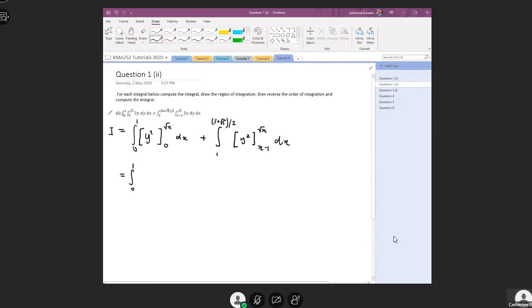So if we sub in the square root of x into where y squared is, we just get x minus 0 dx plus x minus 1 squared dx.